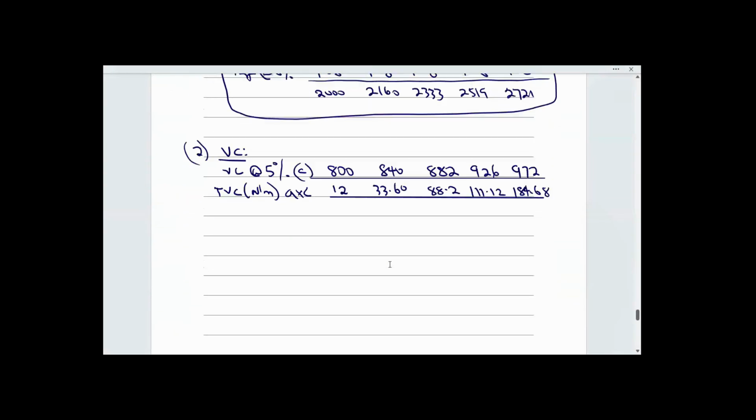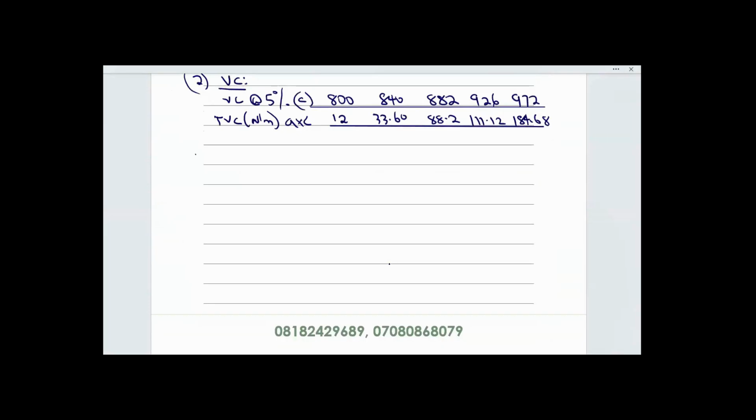Working number 3. Training and development costs, T and D, as a percentage of variable cost. We are told that in the first year it is 120%, in the second year 40% of variable cost, and then 10% going forward.